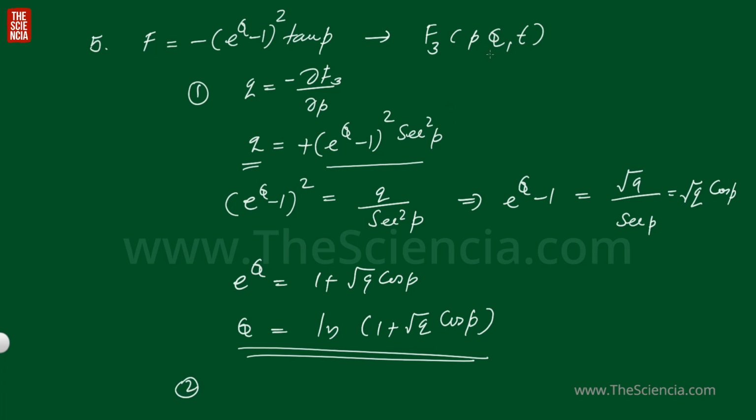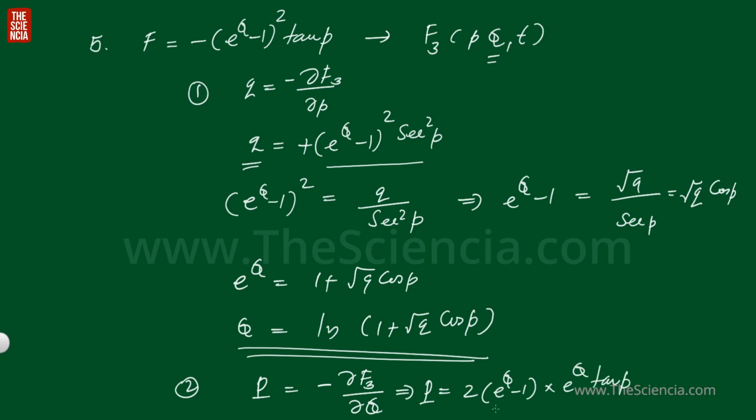So what is the missing coordinate? Here it is capital P, and capital P will be equal to dou f3 by dou q, and for capital P this will be negative. So what we get? We get capital P is equal to 2 into (e raised to q minus 1) into e raised to q tan p.